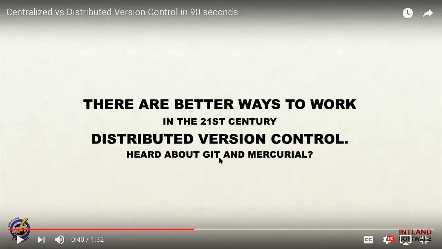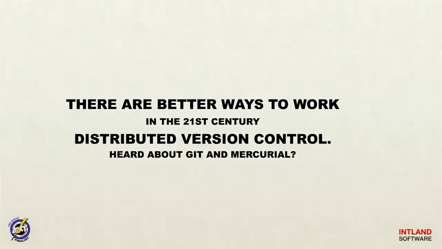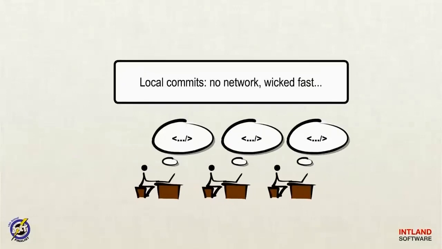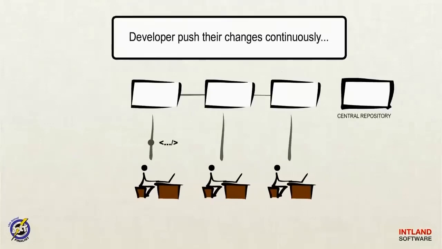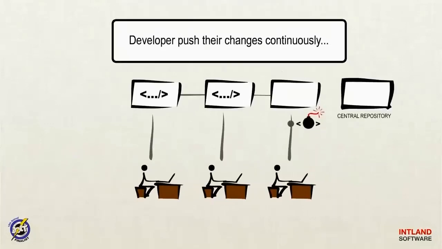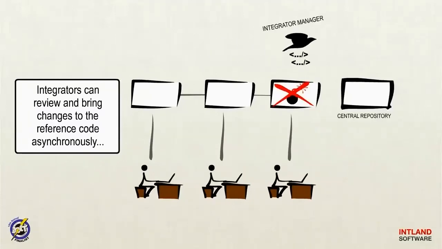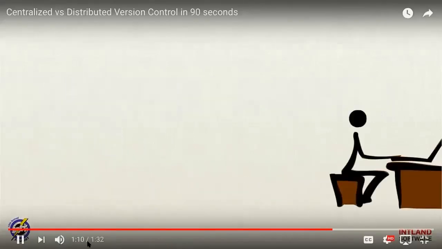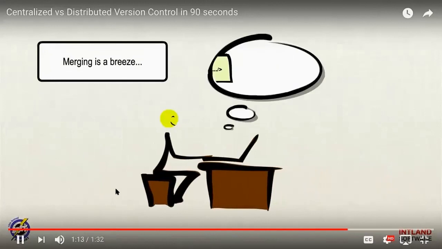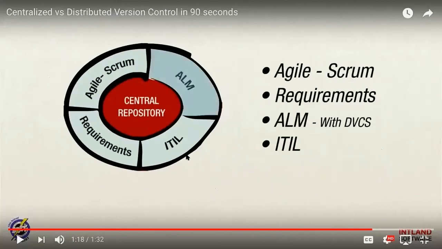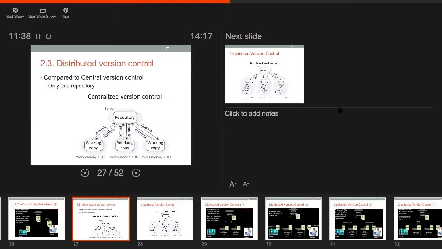So distributed version control, that is Git, Mercurial. Good.